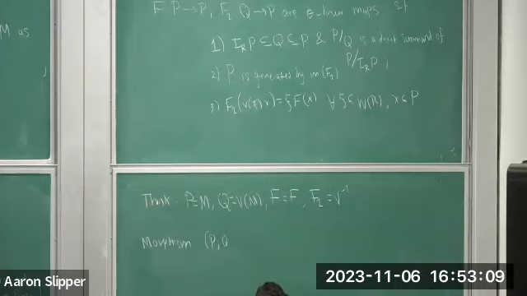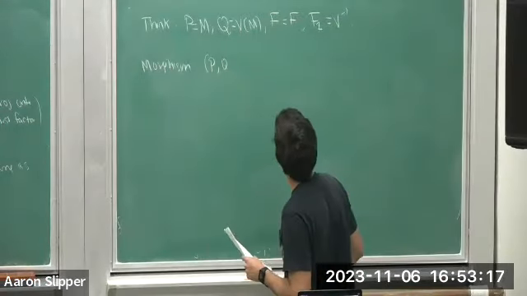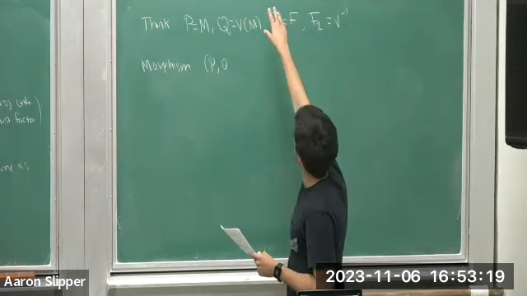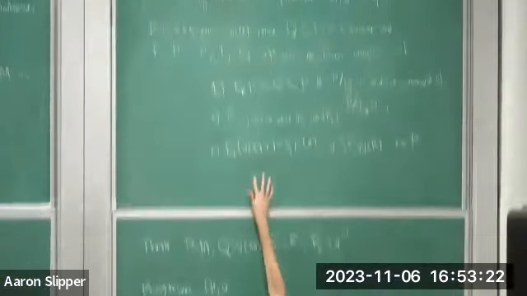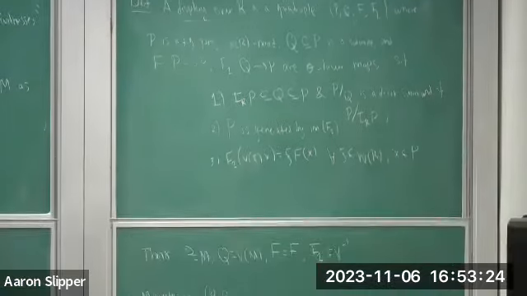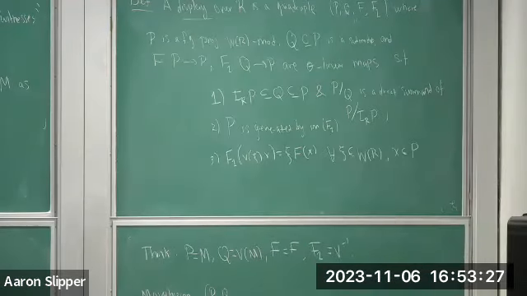He was asking if X is lying in P or X lying in Q. And I think it's X lying in P, because then this term will lie in Q. Okay, yes, absolutely. Thank you.